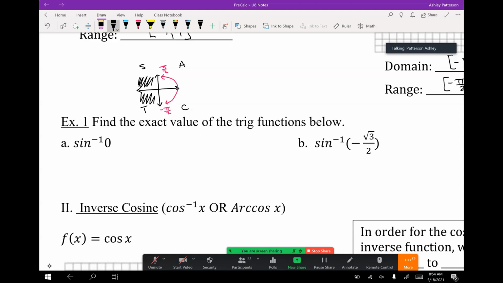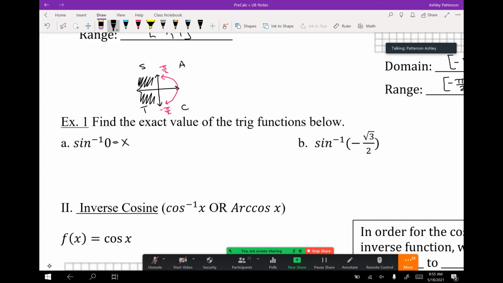So let's take a look at A. When you're asked to evaluate, you're asked to find what this equals. Okay, so inverse sine of 0 is what? Well, this is new to us, and it may not be very comfortable in this format. You can rewrite the inverse.